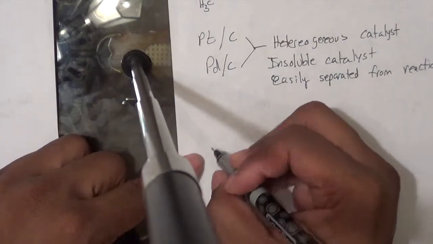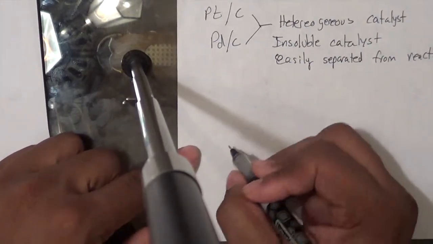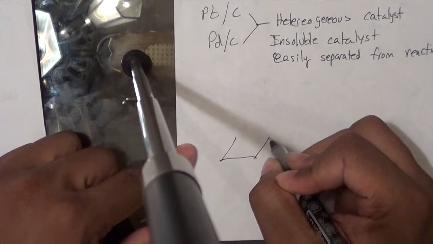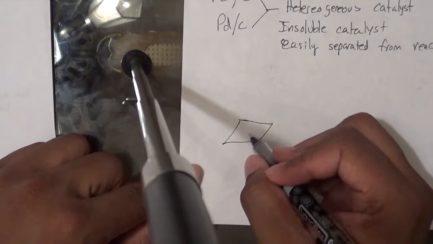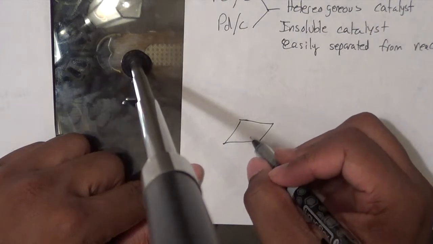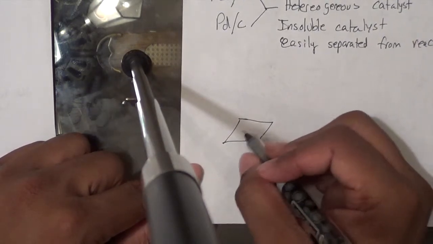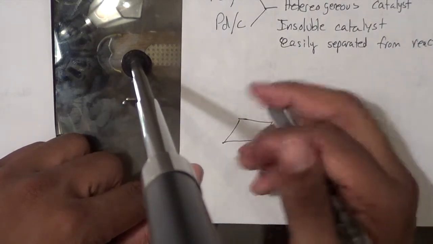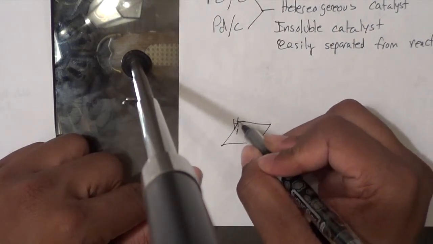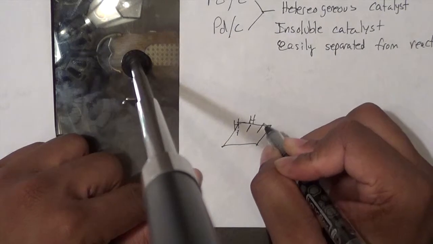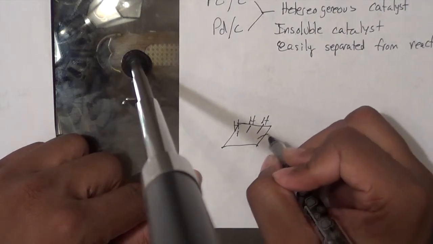What they believe happens is, in a mechanism, you may have, let's say, this would be your carbon source, and your palladium catalyst, palladium on carbon here, like a surface, and you have hydrogens that are absorbed on top of this surface.